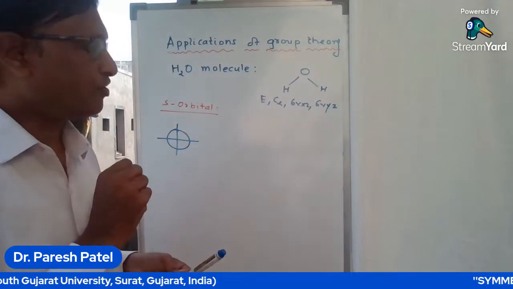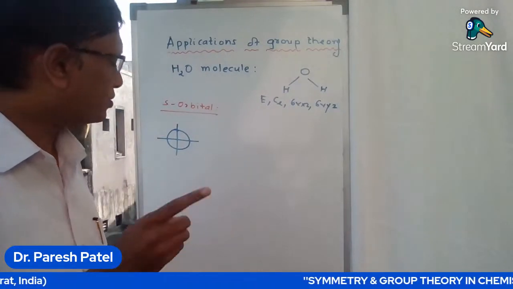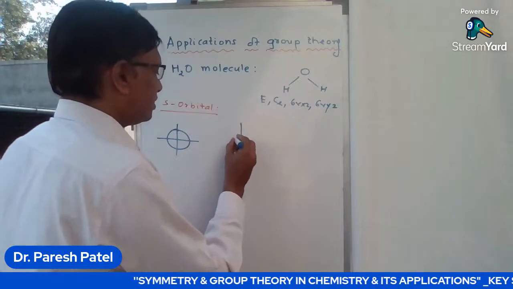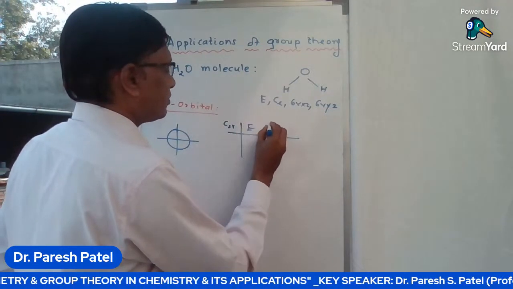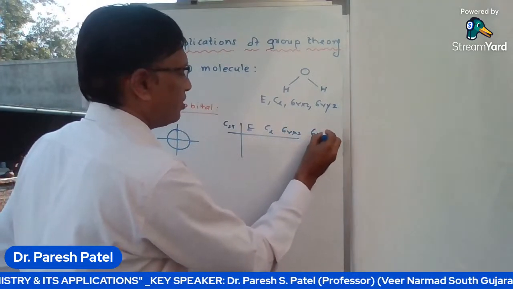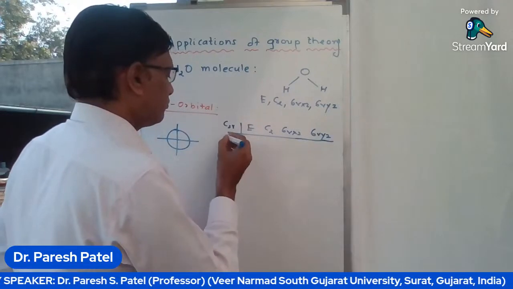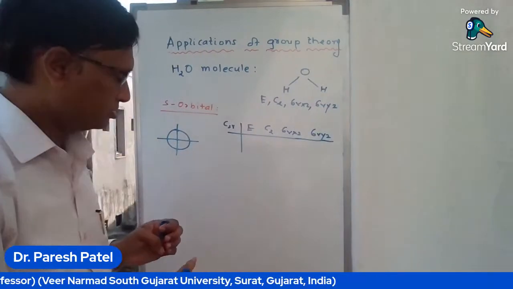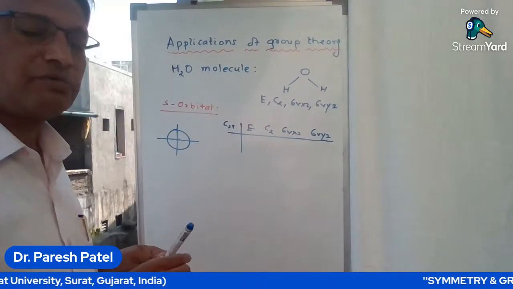Now, if we operate the different symmetry operations, E, C2, sigma V XZ, and sigma V YZ of C2V, on the spherical shape of the oxygen atom of the water molecule, we find out the changes.